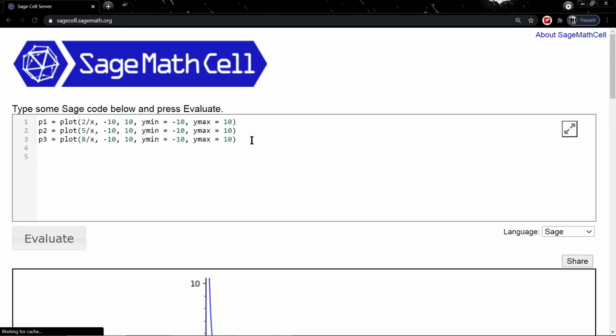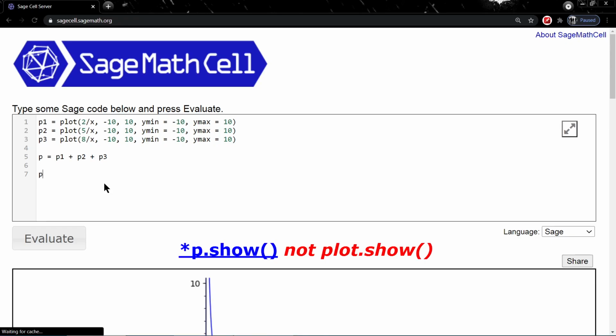Now, to plot all three graphs, we will assign them to another variable p equal to p1 plus p2 plus p3. If you have seen our earlier videos for problem set 1.1 and problem set 1.2, we have done this kind of graph plotting earlier also. Now, we will write plot.show to plot all three functions in a single graph.